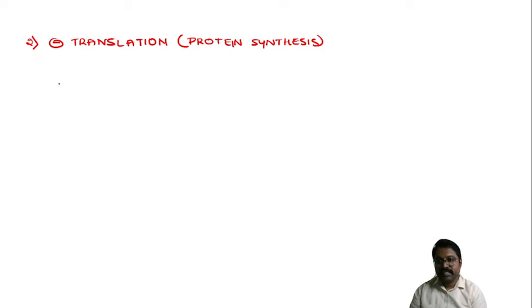So as you can see, this is the ribosome. This is the 50S ribosomal unit, and this is the 30S ribosomal unit, and it has got the mRNA. On the mRNA strands, these two sites are present.